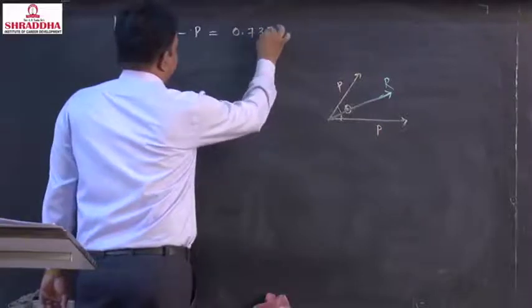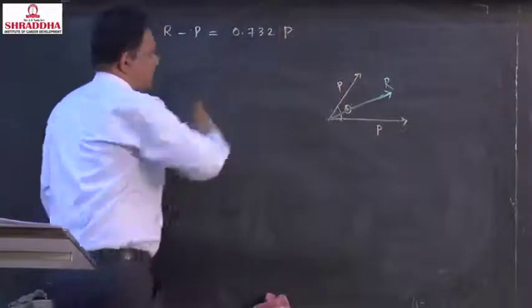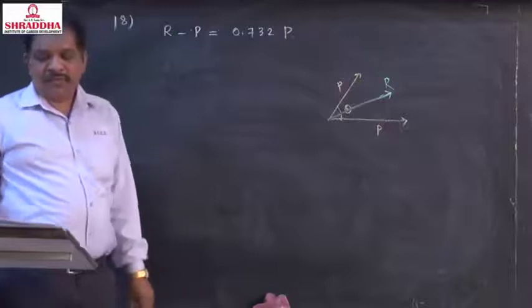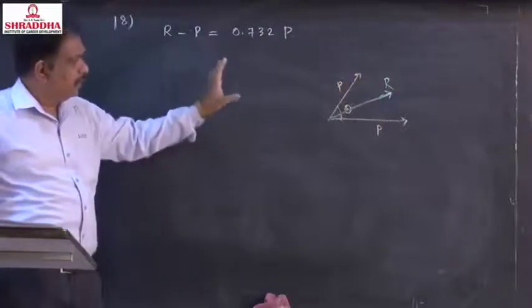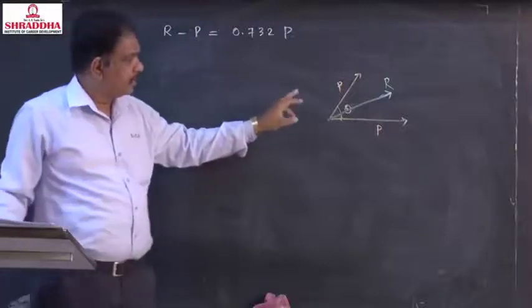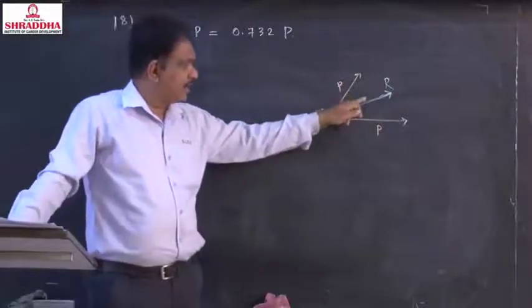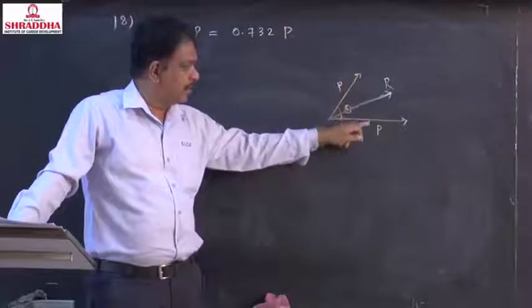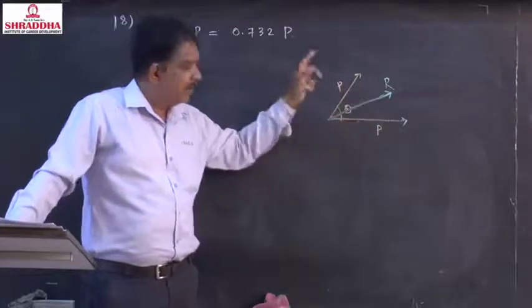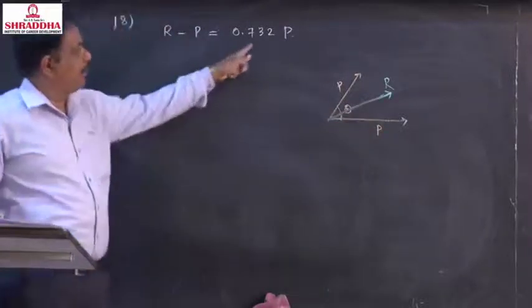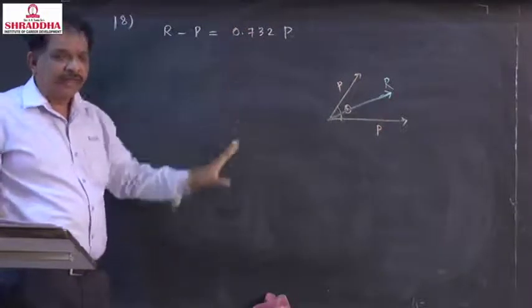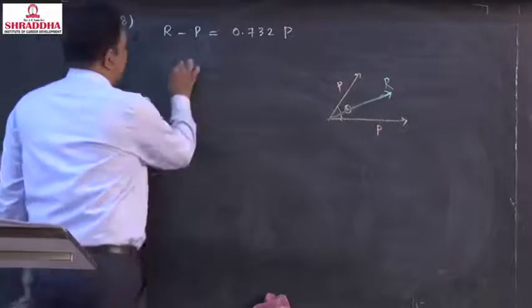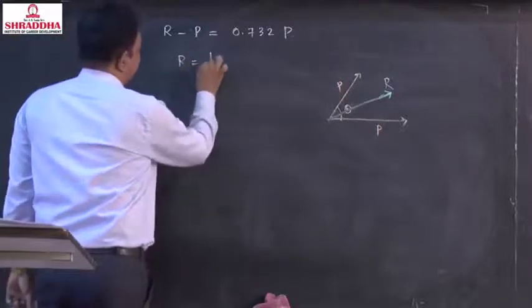So the meaning of those 2 and 3 lines will be this. Two equal vectors are there. Their resultant and one vector magnitude's difference is equal to 0.732 times that vector. They gave this. Then R is equal to how much?